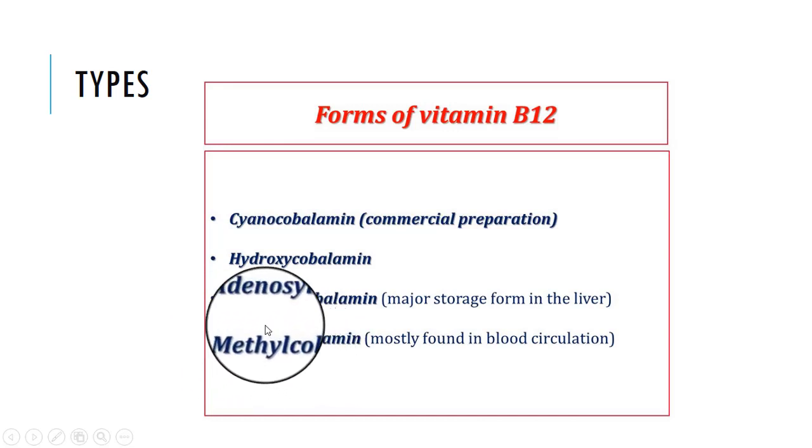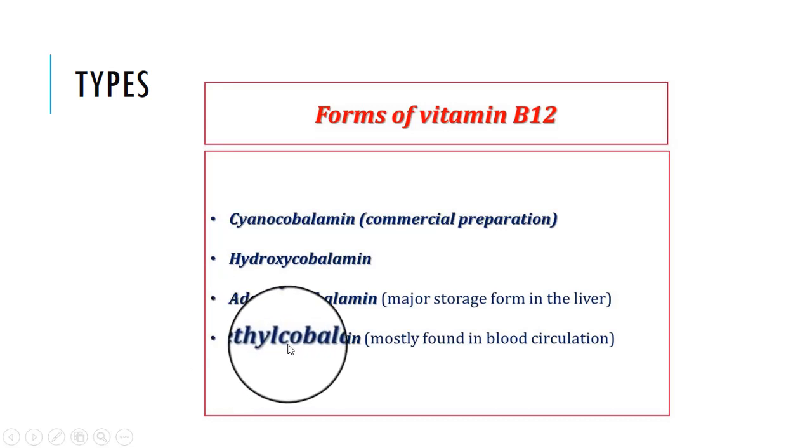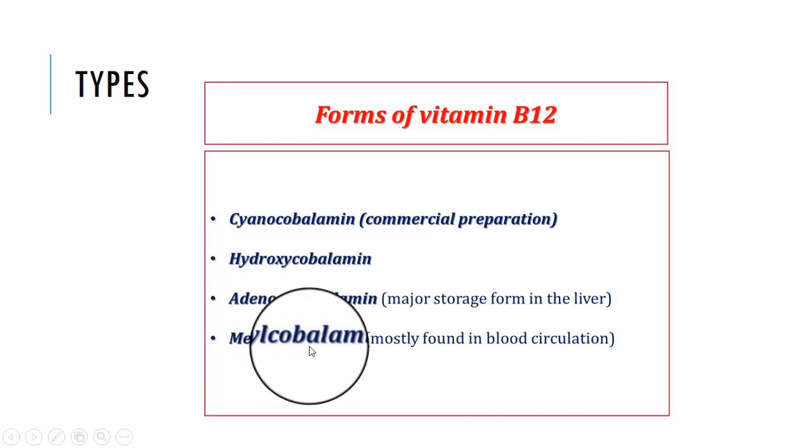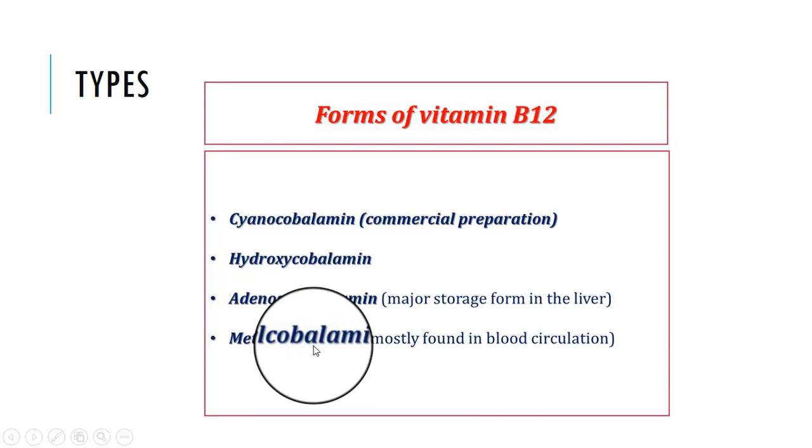And this particular type of vitamin B12 is used in the treatment of peripheral neuropathies, that is, any disorder related to the nervous system. The particular part we are talking about here is the PNS, the peripheral nervous system. So methylcobalamin is used to treat PNS deformities. This was all about the third type.